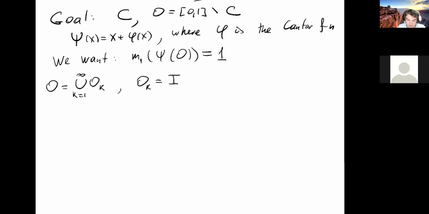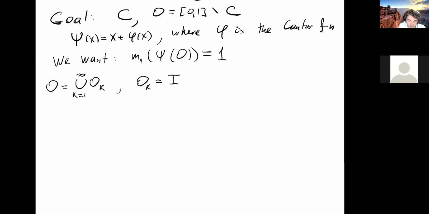Okay, so here's the goal. The only thing I did is write what we want to prove, and then remind the notation. So O_k is this union. This was the last thing I wrote, and then phi was defined like this.